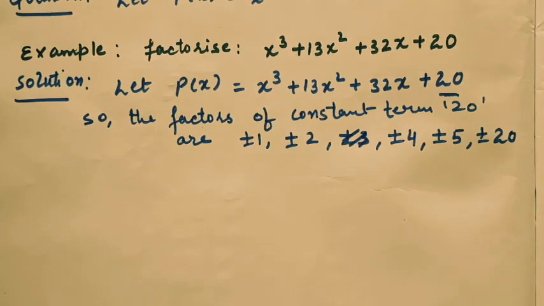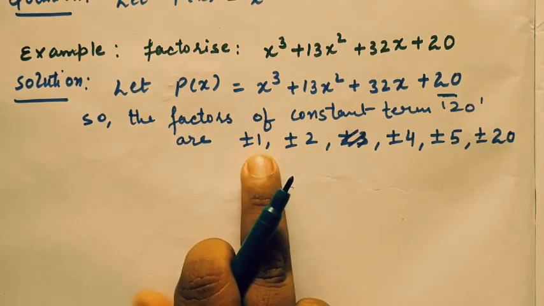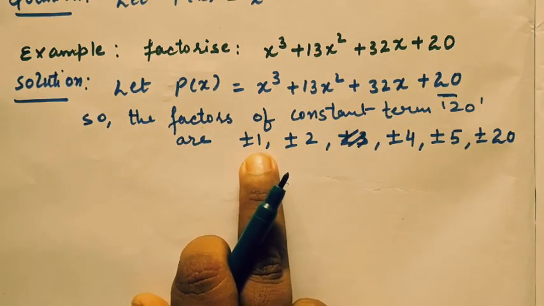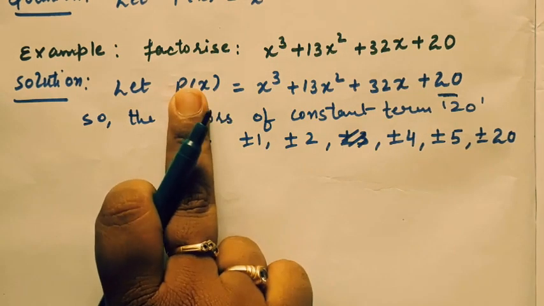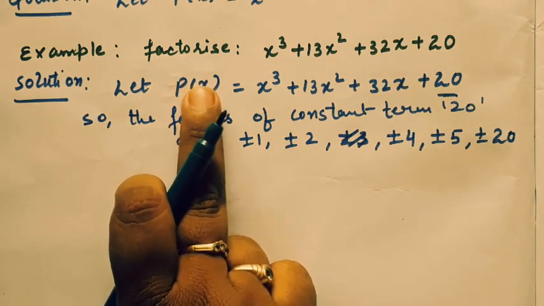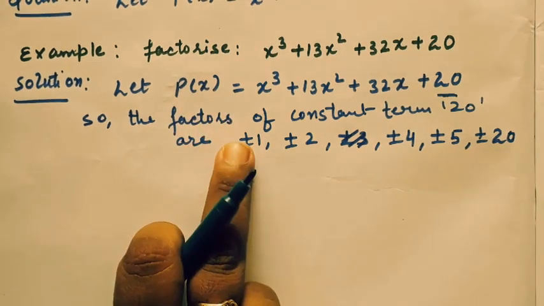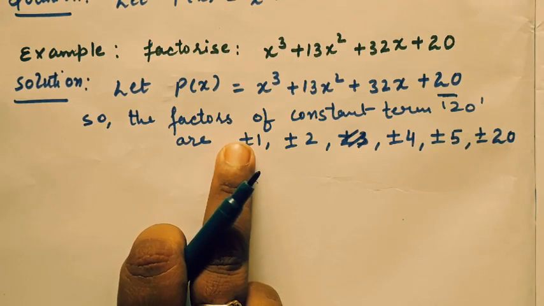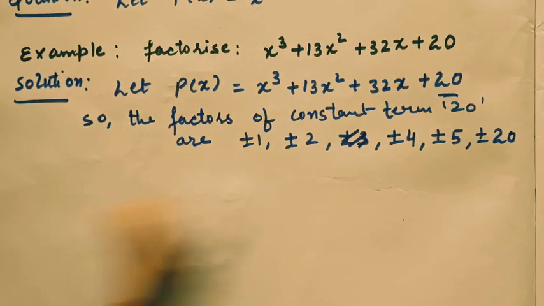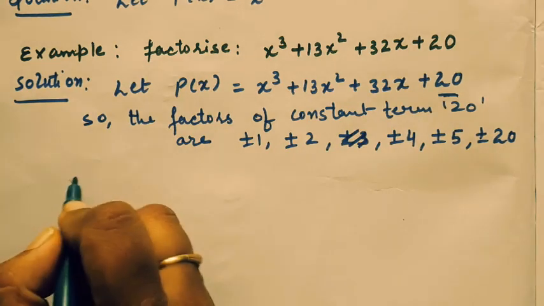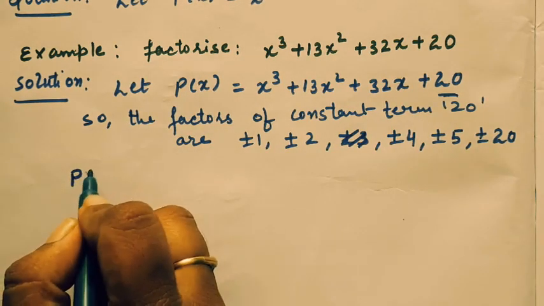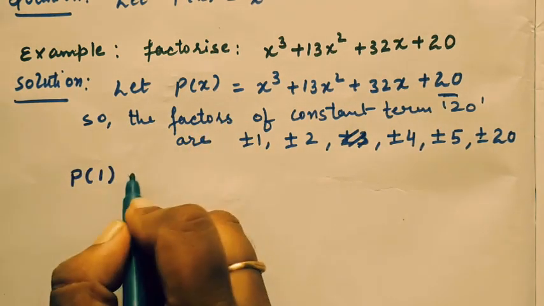Now one by one we will substitute the value in p(x) in place of x, so that we are able to find one factor. See, I'll put 1 first of all here.